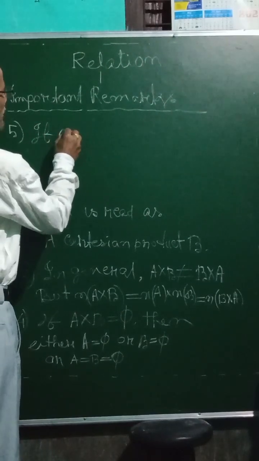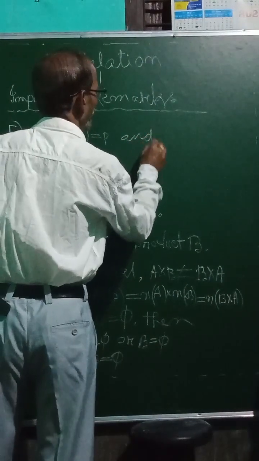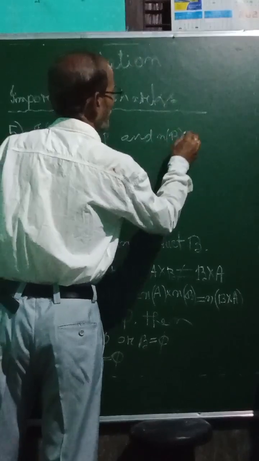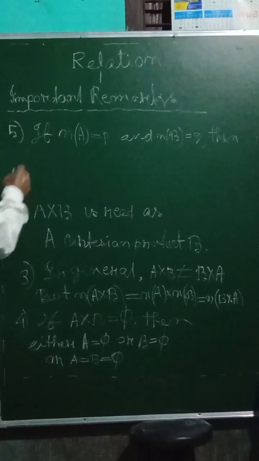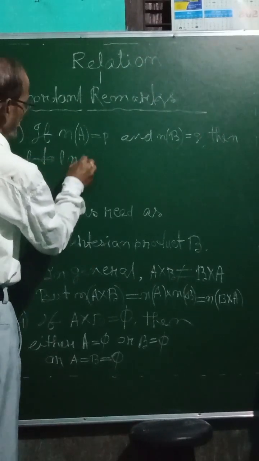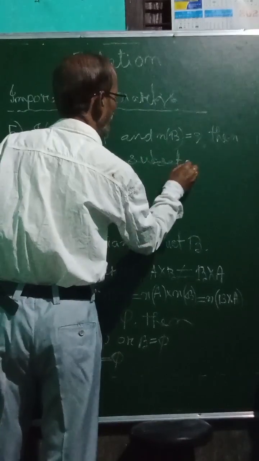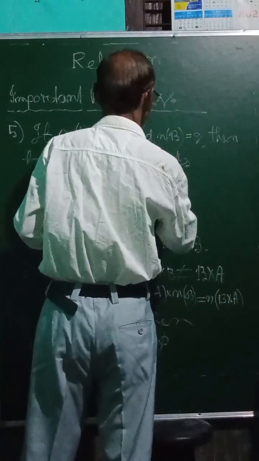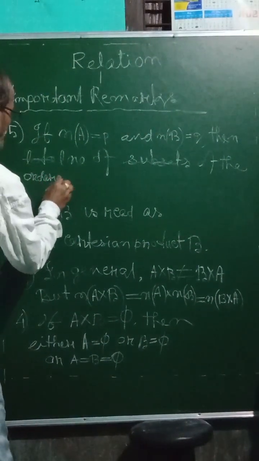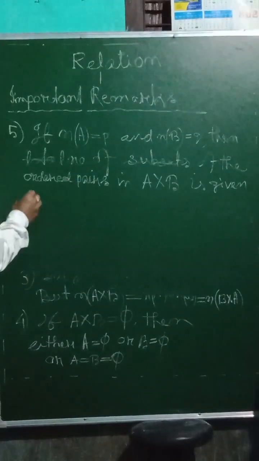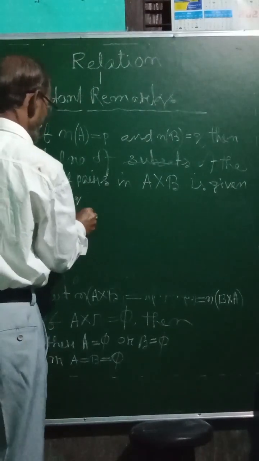If the number of elements in A is equal to p and the number of elements in set B is equal to q, then the total number of subsets of the ordered pairs is given by this, very important.